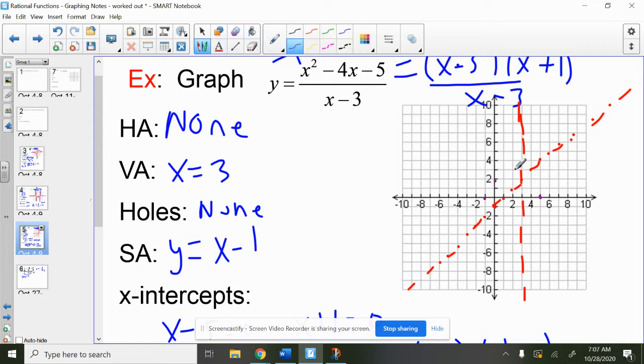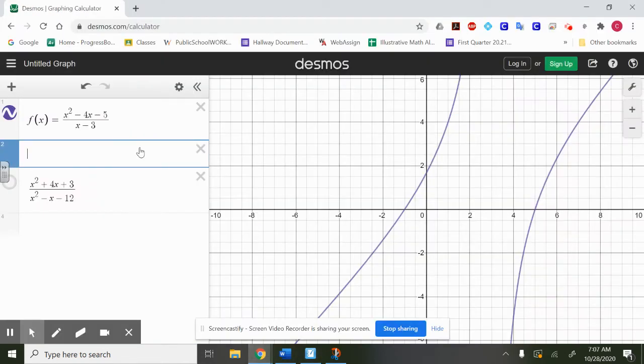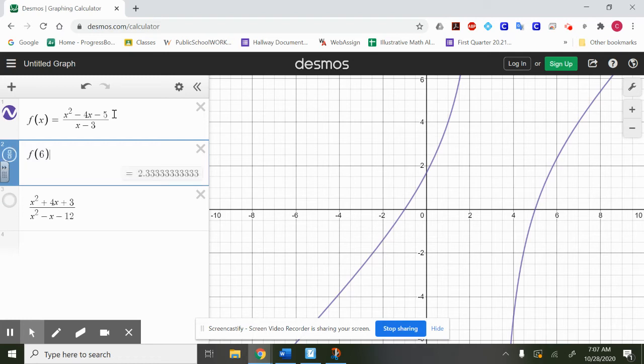So what this graph is doing is it's curving this way, getting close to this, hitting this point, and going up. This one's going to come the opposite way. And if you wanted to find more values here and say, okay, what happens at 6 or 7 or 8 or 4, we can definitely do that. If I want to know what happens at 6, you can set this up with function notation. What's f of 6? Well, f of 6 means your x value is 6 and your y value is 2.3 repeating.